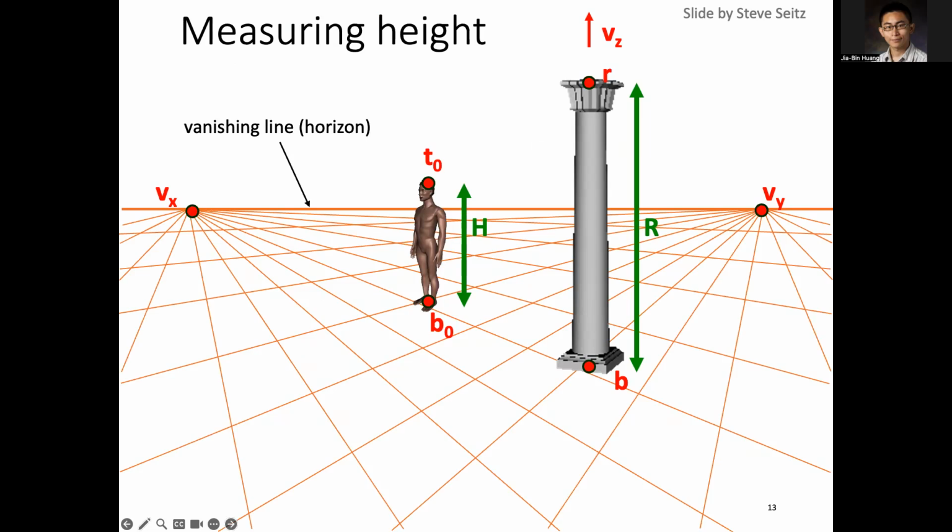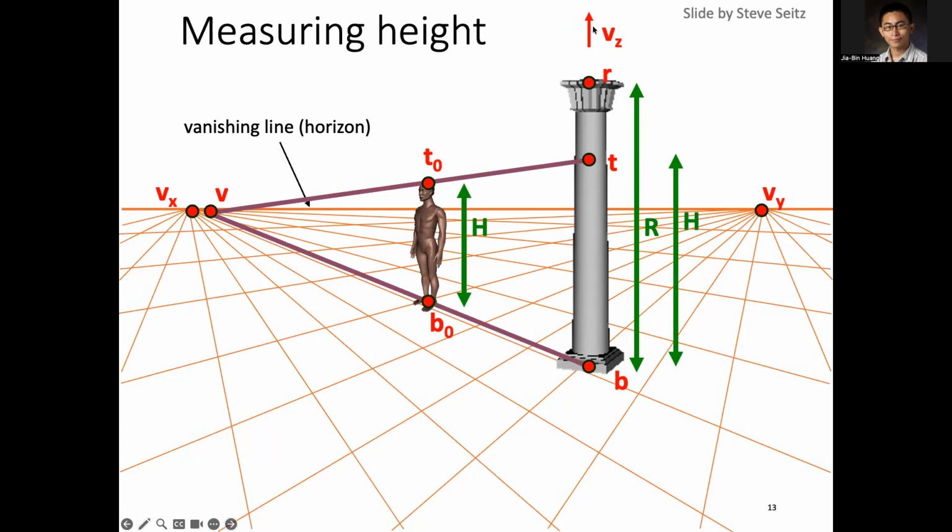So I have this reference object in the scene, even though there are no measurements on it. What I can do is first figure out the top of the object, on top of this reference. So I get these points, and now I have these 4 points: B, T, R, and the vanishing point.